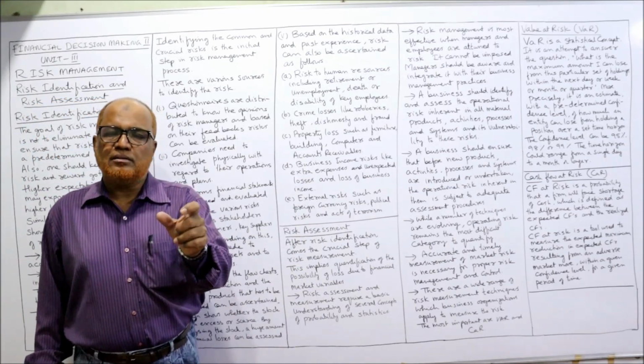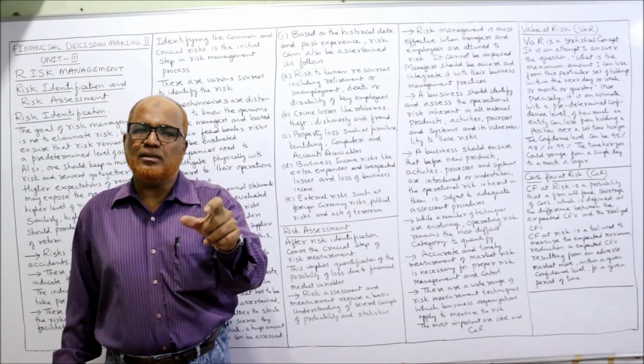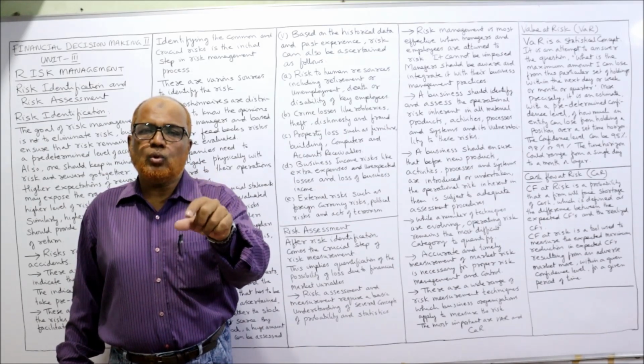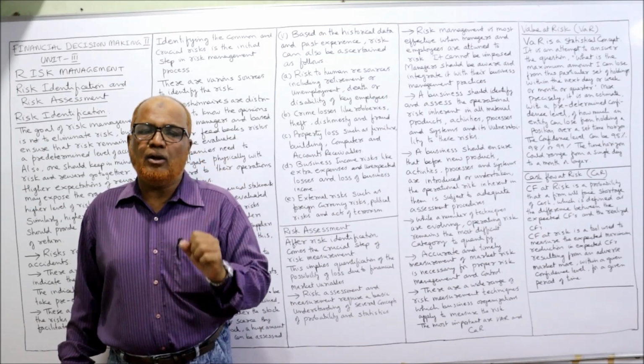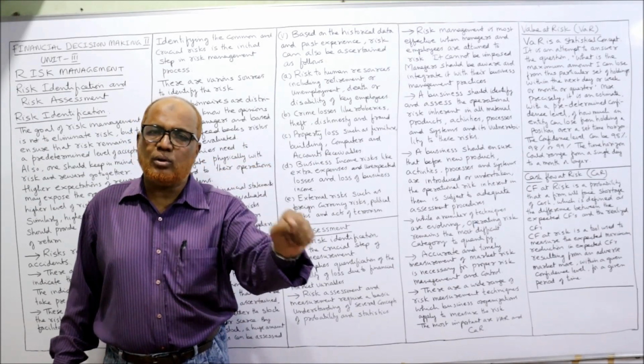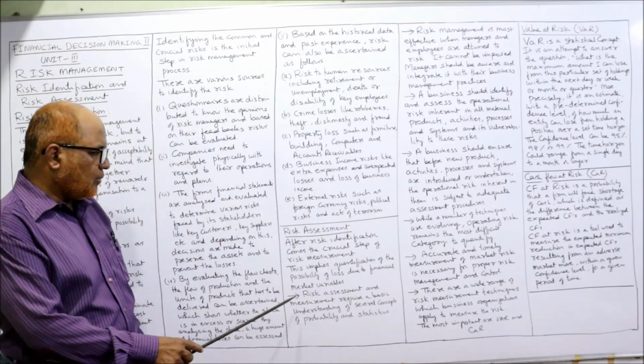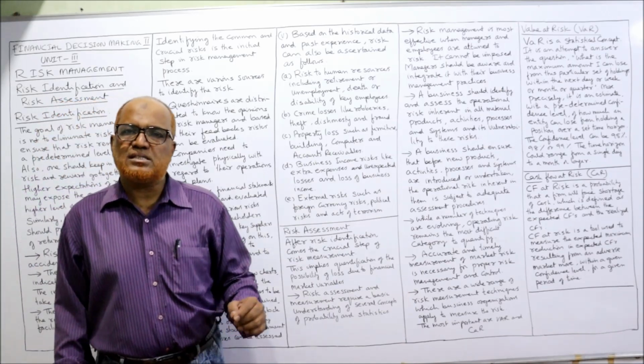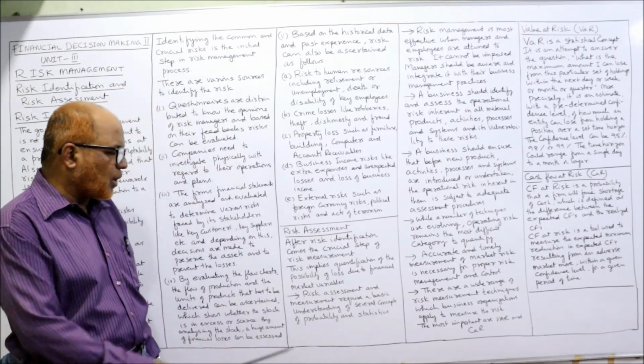Risk assessment means risk measurement, which means quantifying, calculating how much would be the expected loss to the business on account of this risk. Now, risk assessment and measurement require a basic understanding of statistics and probability.